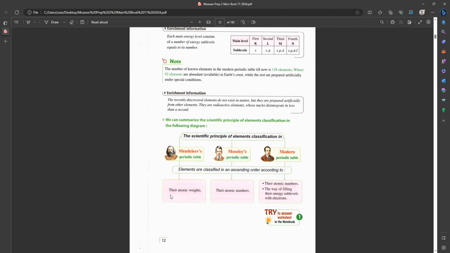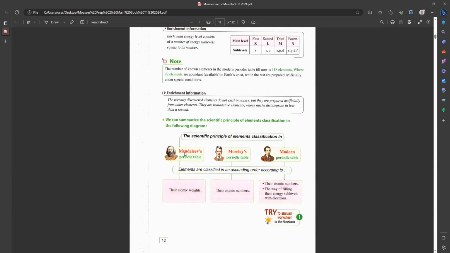Mendeleev arranged the elements in periods according to atomic weight. Moseley arranged the elements ascending in periods according to atomic number. The modern periodic table arranges the elements in periods ascending by atomic number and by how the electrons fill the sub-energy levels.